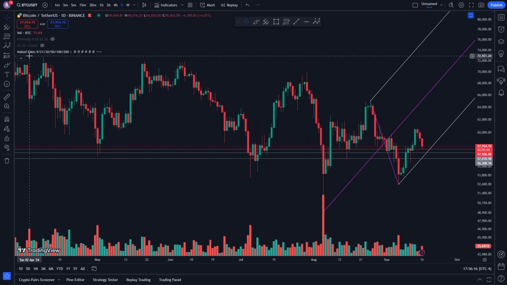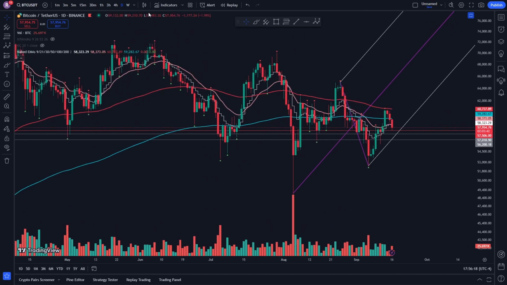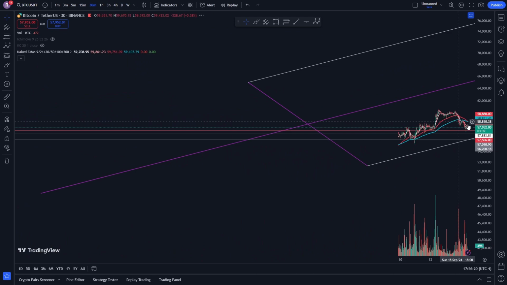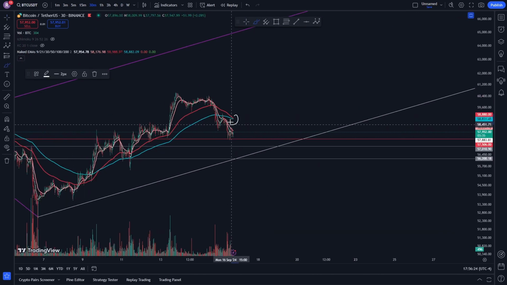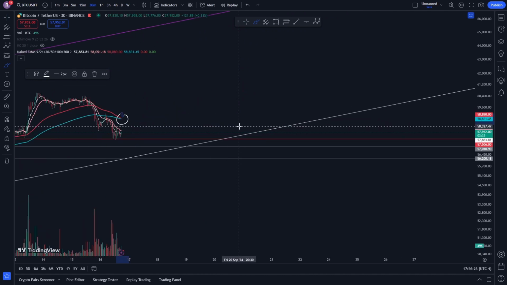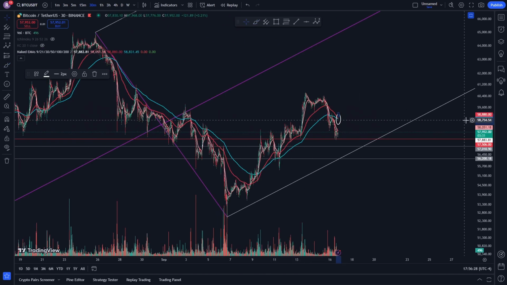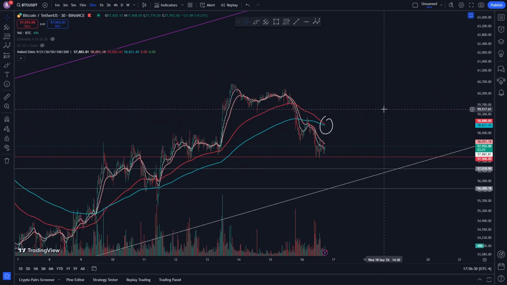Okay, so now let's look at some EMAs. You can see on the EMA on the 30-minute, look at that, we're getting that death cross I talked about right here. This is a huge death cross. When you see the two bigger EMAs, the 100 and the 200, cross over, that means long-term price action is going to be decreasing.